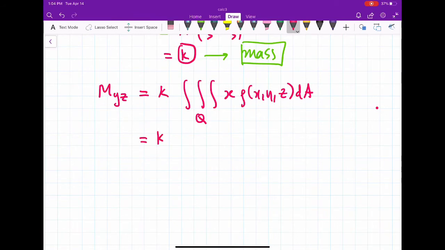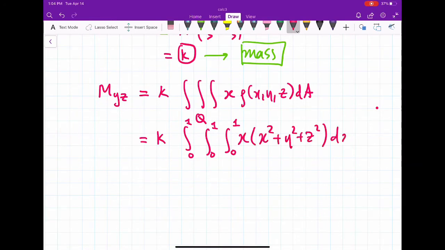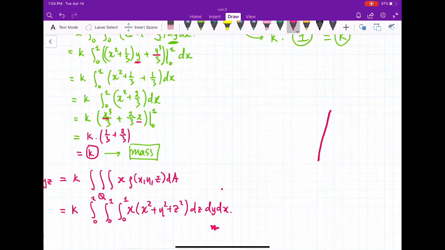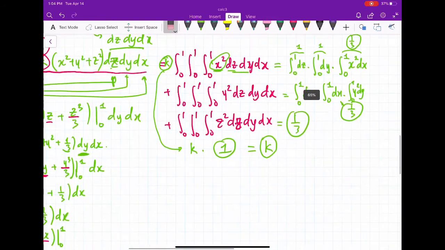And that is k, we can write 0 1, 0 1, 0 1, x times x squared plus y squared plus z squared dz dy dx. So you may use the approach I just showed you, separate this integral and rewrite it as a product of 3 integrals.